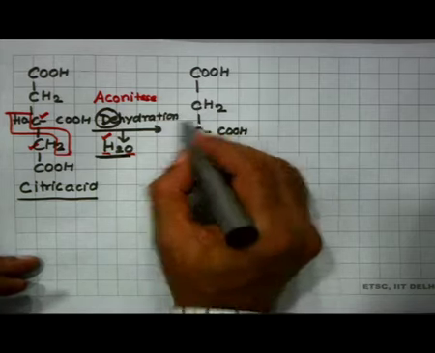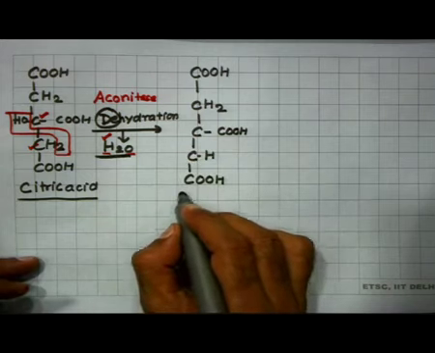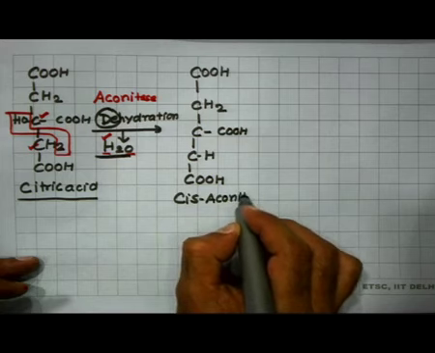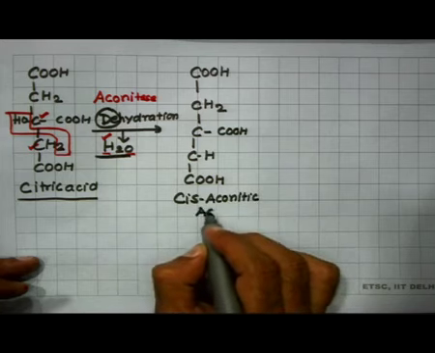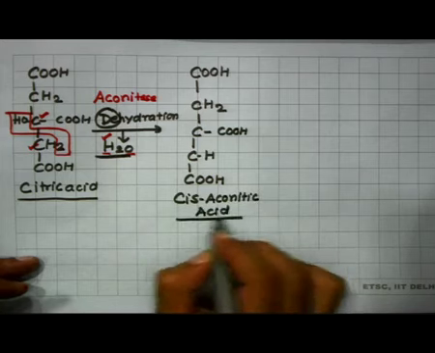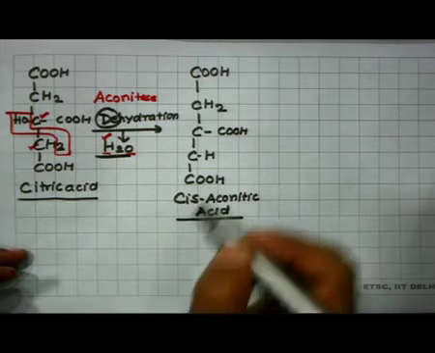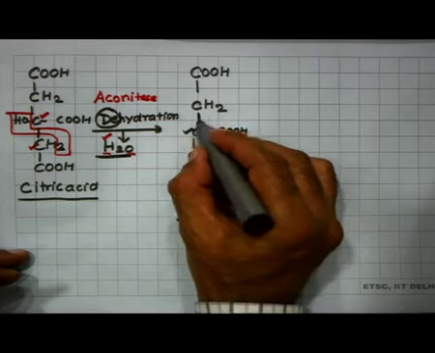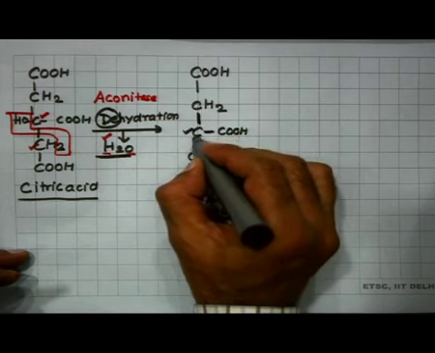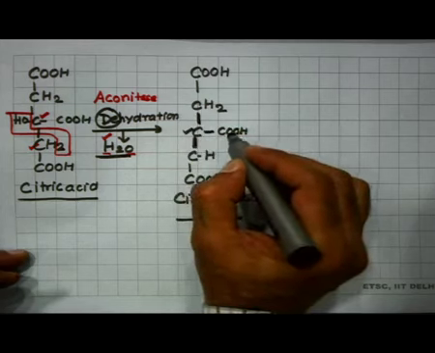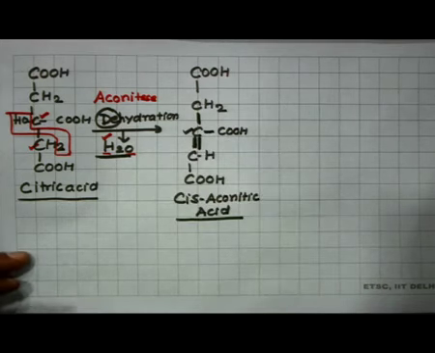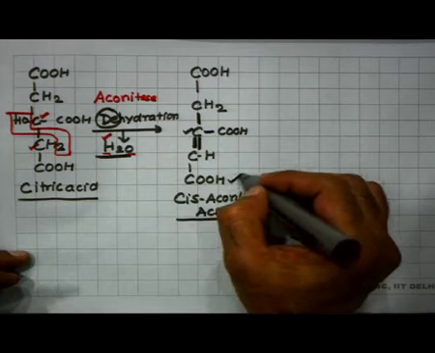Now, this is called cis aconitic acid. But this structure is not correct, because this carbon has only 3 valency. So, one double bond is required. Now, this structure is complete.